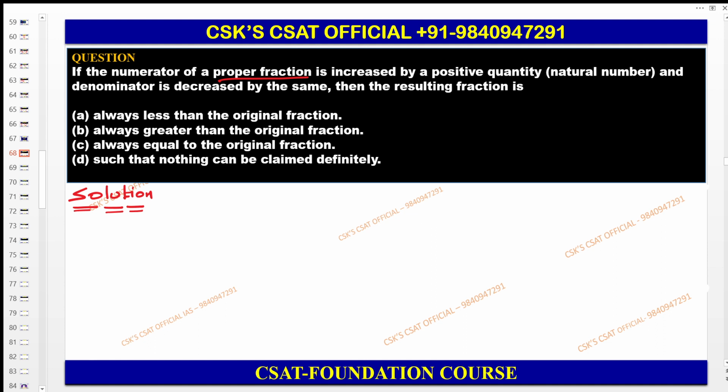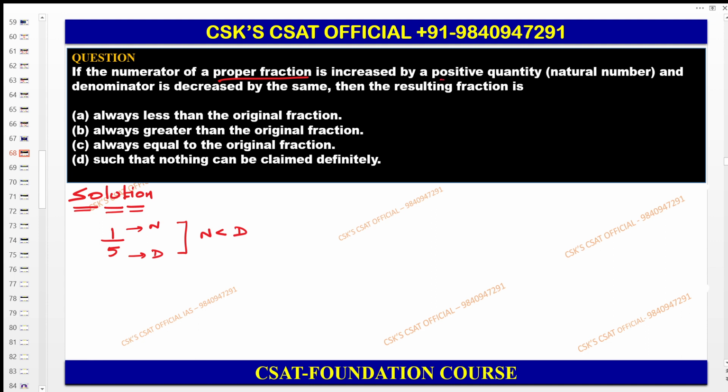That's it. So let us take an example as 1 by 5. Here the numerator, here the denominator. So what is the condition for the proper fraction? The condition is that the numerator is lesser than the denominator. After knowing this, now you can go with the statements.